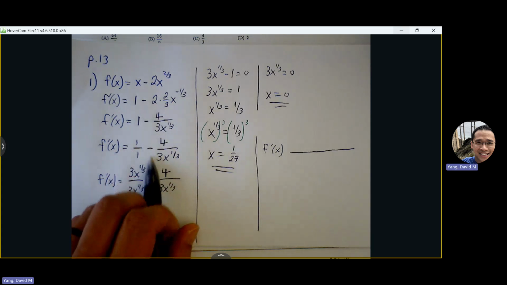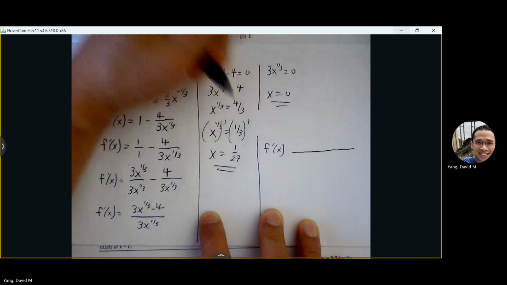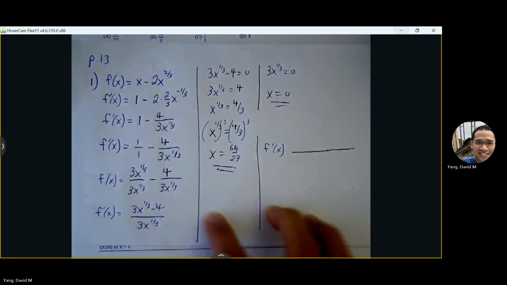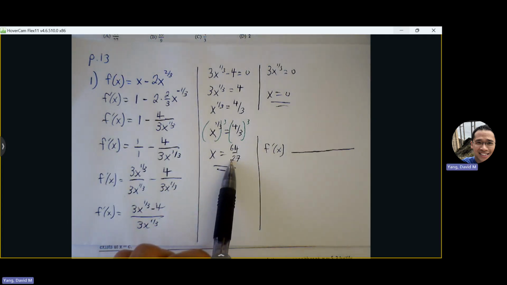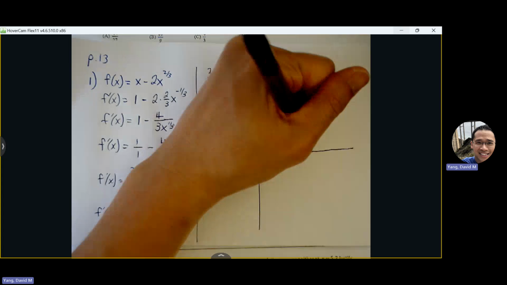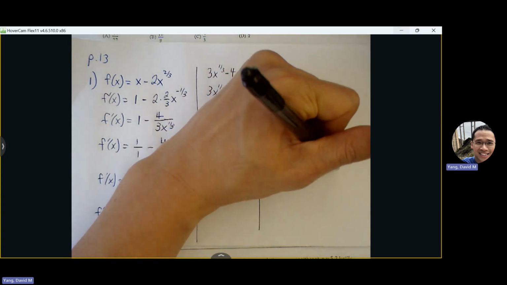So 4/3 ends up giving me 64 over 27 and 0. So my slope sign line, 0 and 64 over 27.